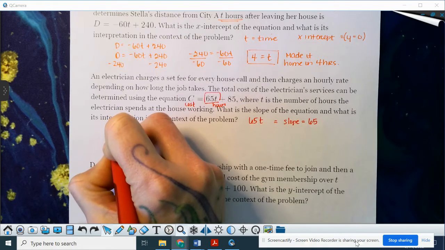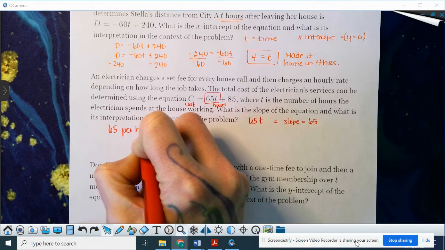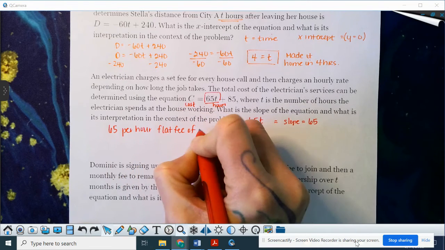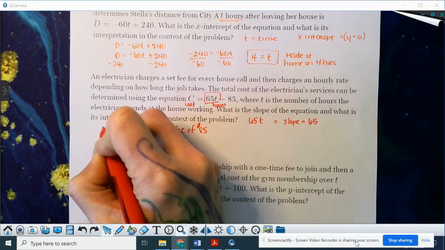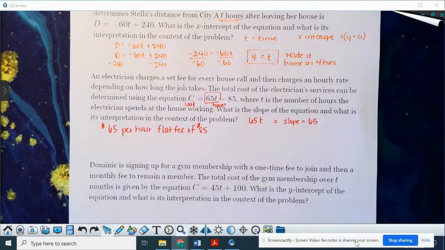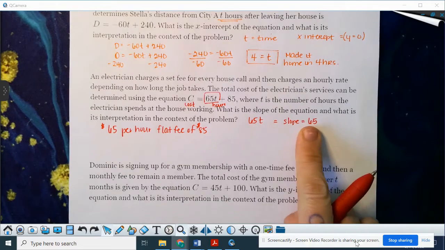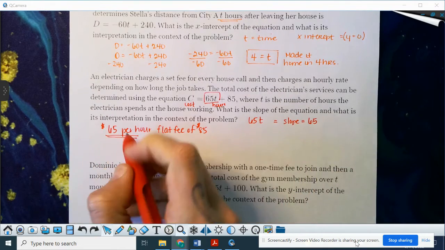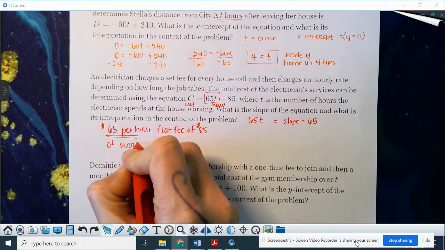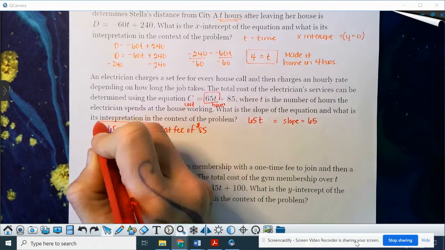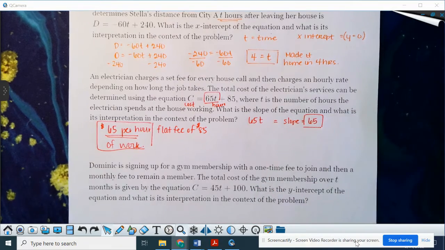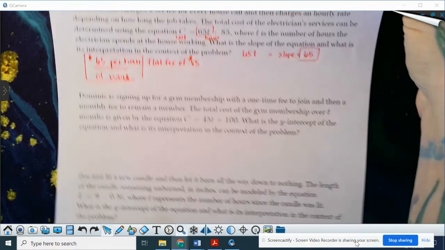So for every hour he sits there, he is going to charge $65. So $65 per hour of work would be your interpretation of our slope. And our slope, remember again, is the coefficient of t in this case, or coefficient of x.